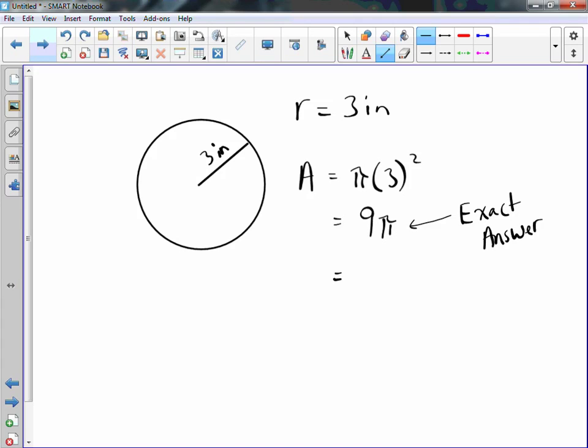Let's find a rounded one because that means more to us on a day-to-day basis. If I put 9 pi in my calculator and then push the 2 arrows button, I get 28, and let's round to the nearest tenth. So this was 28.274, so 28.3, and this would be our rounded answer.